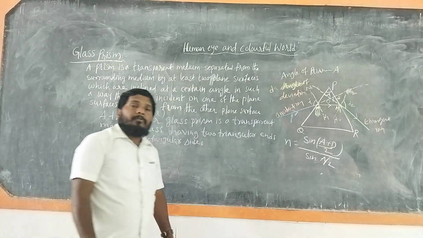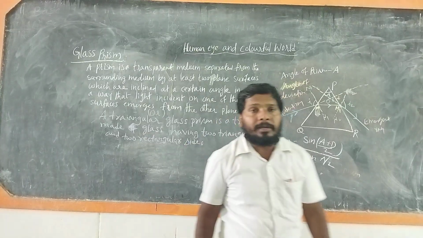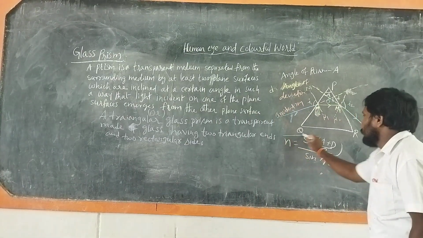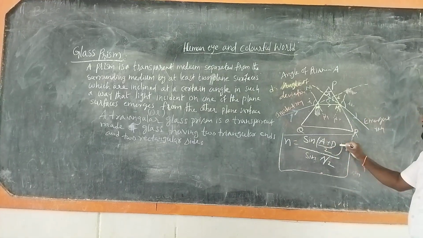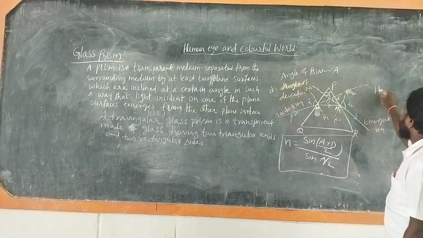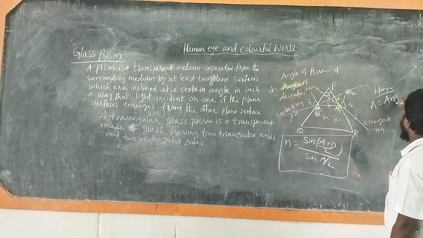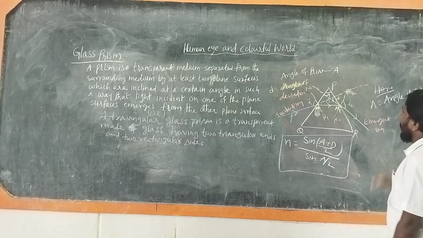This is the formula for calculating the refractive index. Here A is the angle of prism.